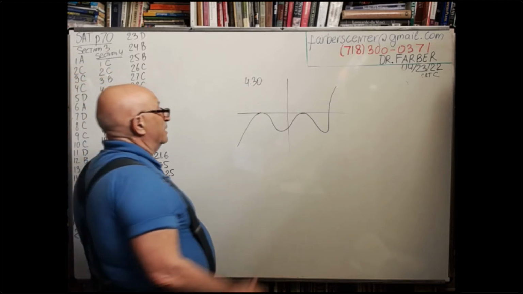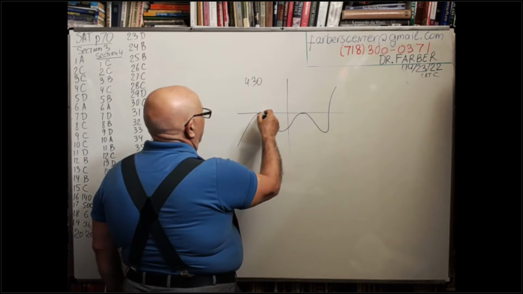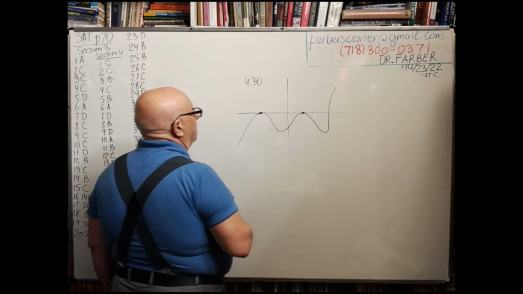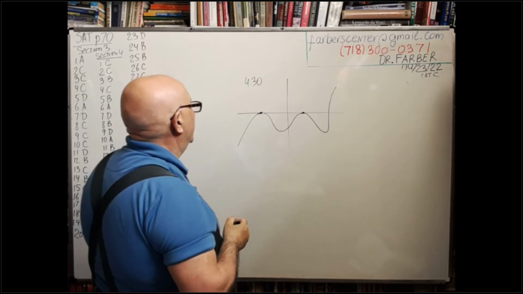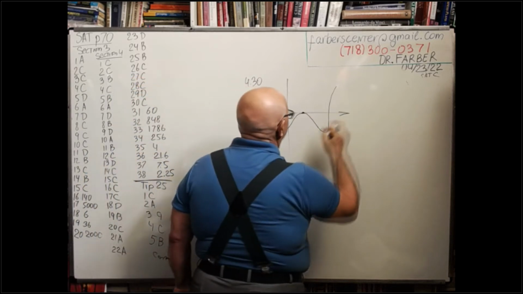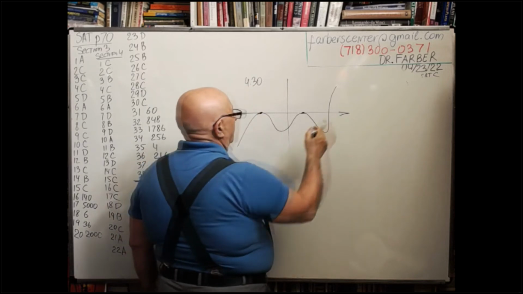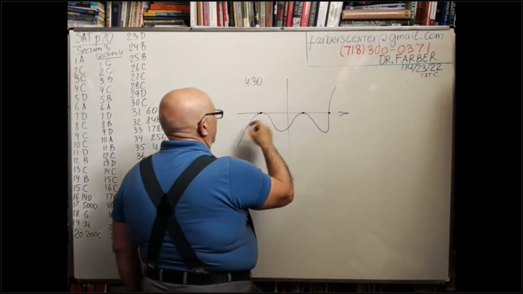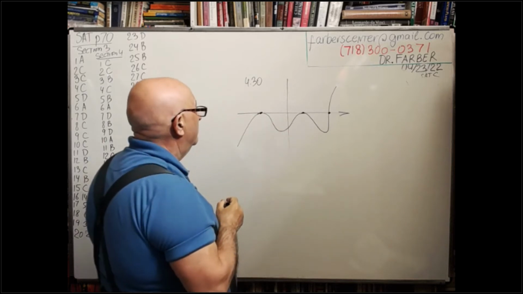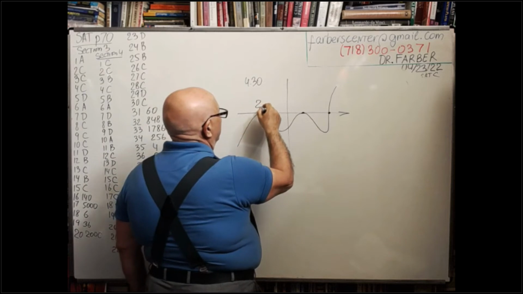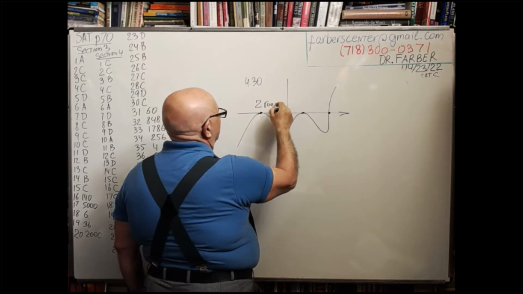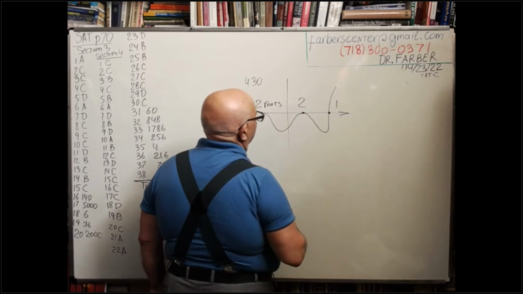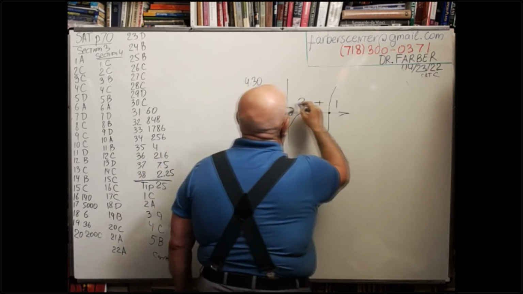Well, look at this. We have a rule of thumb. If the graph intersects the x-axis, that is one root. If it is tangent, we have two roots which are the same. So there are two roots here, two roots, and one root. Overall, if you add them up, you have 5 roots.